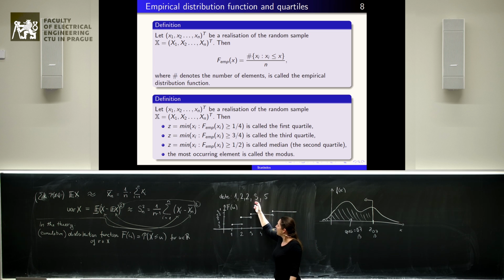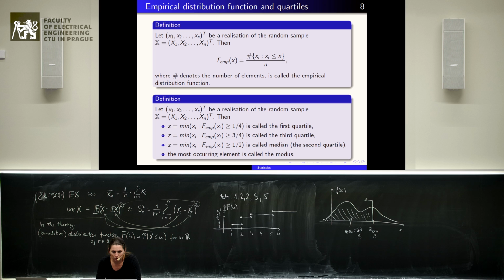So the third quartile means that about 3/4 of the observations are smaller, and 1/4 of the observations are larger. In our case, it is the number 3, because 3 numbers are smaller and 1 number is larger. That is approximately the meaning of the quartiles, but they won't be so important in our lecture.